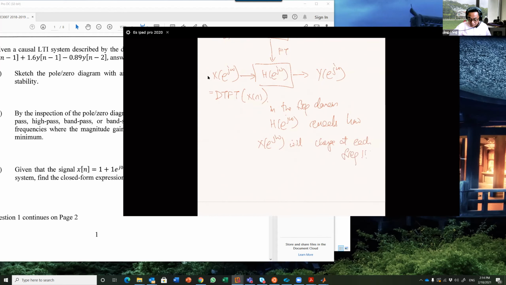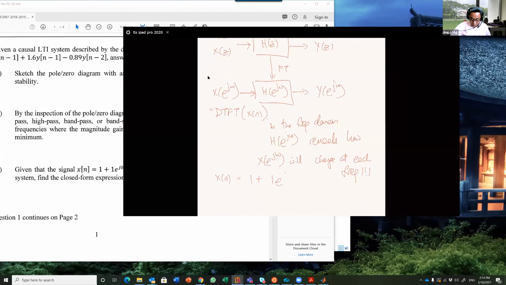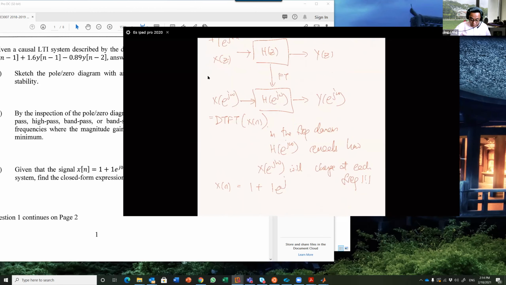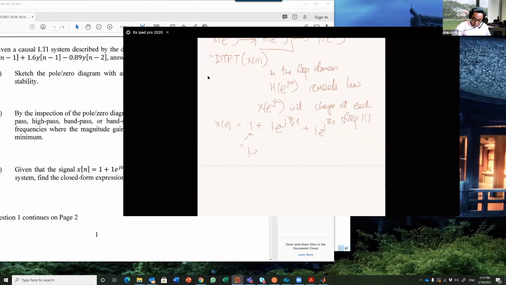What does that mean? You realize that x[n] is composed of only three signals: 1, e^(jπ/2 n), and e^(jπ n). There are 3 frequencies. In fact, the first one is a trick.